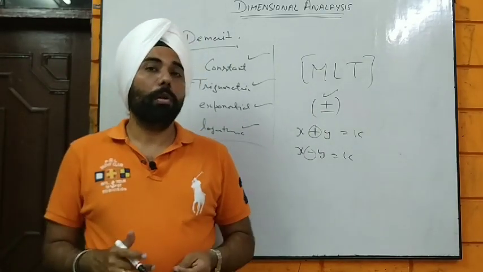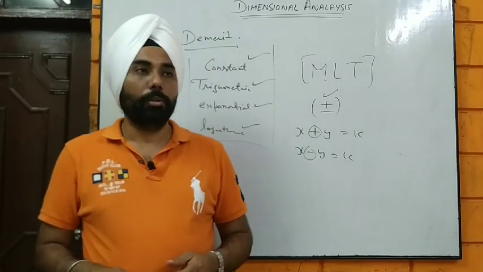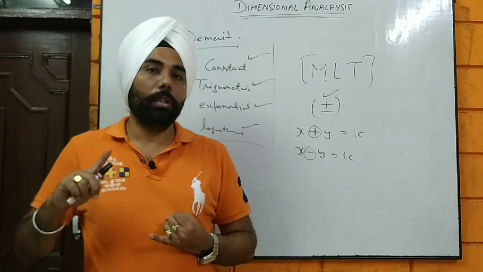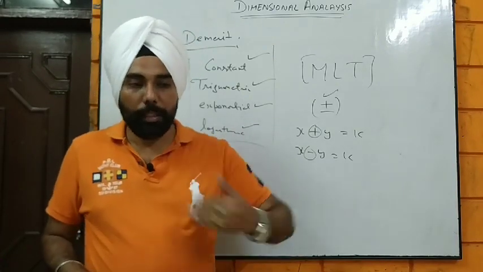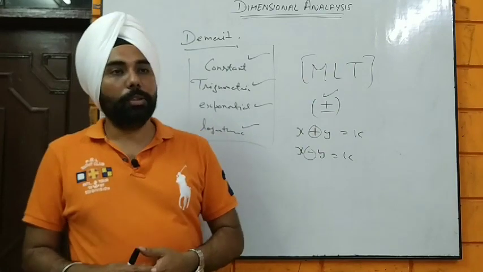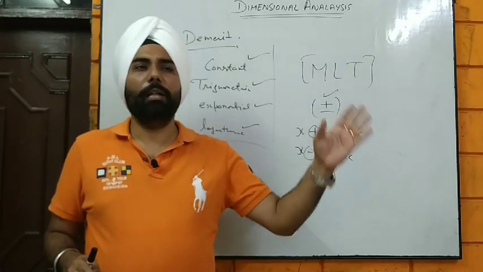But we have to concentrate on the uses of dimensional analysis, applications and merits. The first one is we can convert any system unit from SI to CGS and CGS to SI or any other units. The second is we can check any formula, any relation of any subject.